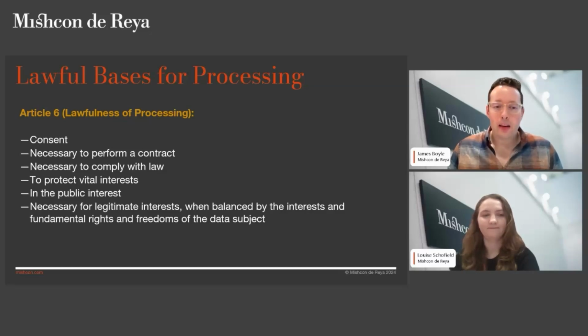Unless you can identify at least one of them to pin your processing on, your use of that data won't be lawful. The Article 6 bases you can see listed here. I won't repeat them all, but the one we see most often that our clients rely on is legitimate interests. The other one, which is more contentious to rely on and which we can cover today as well, is consent.